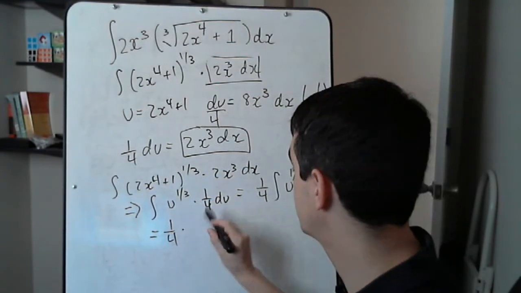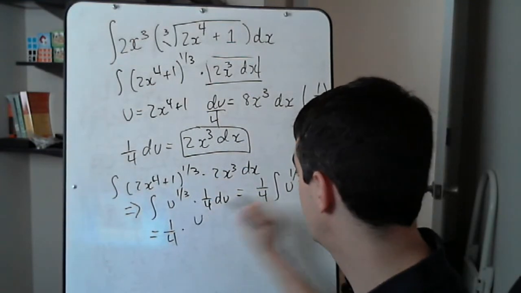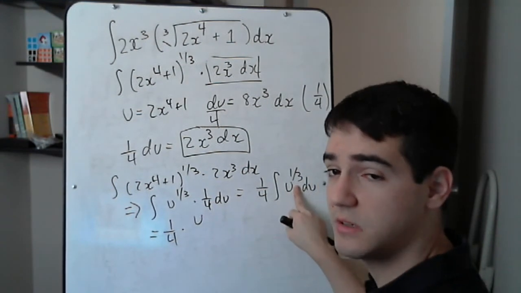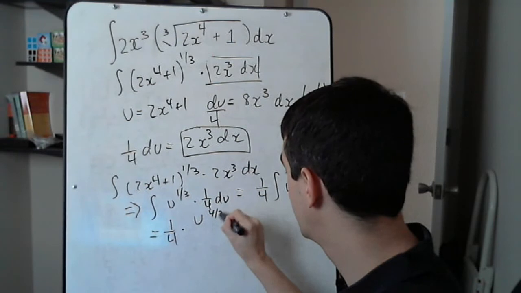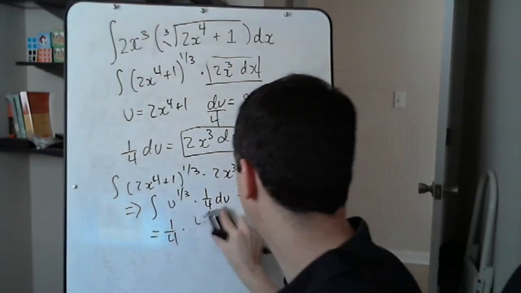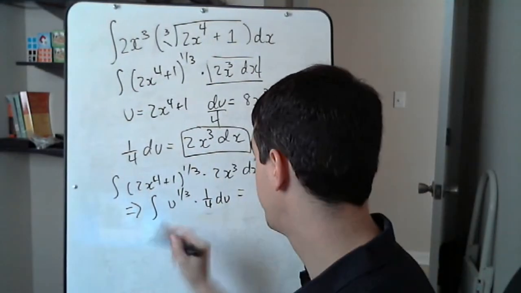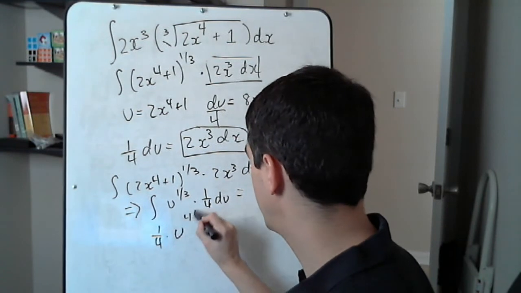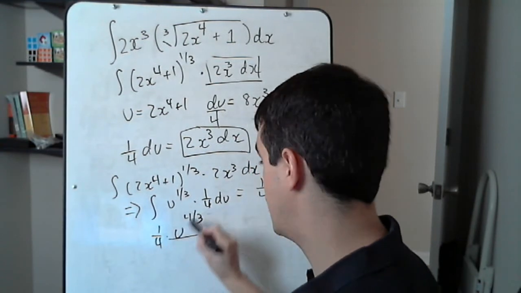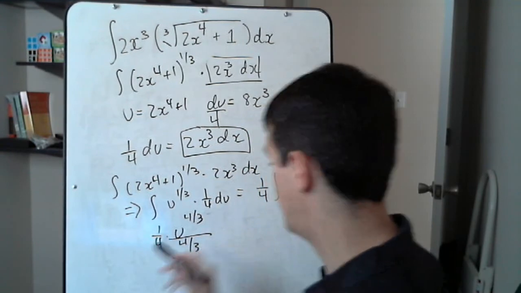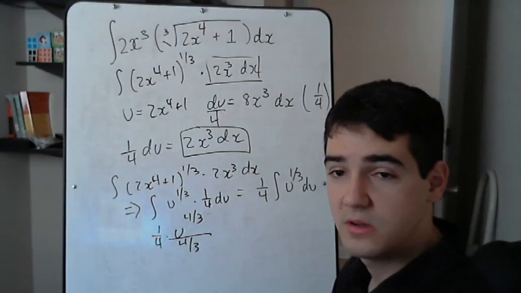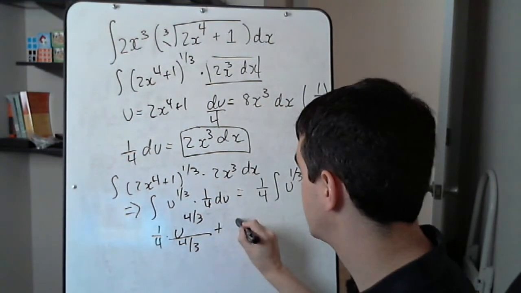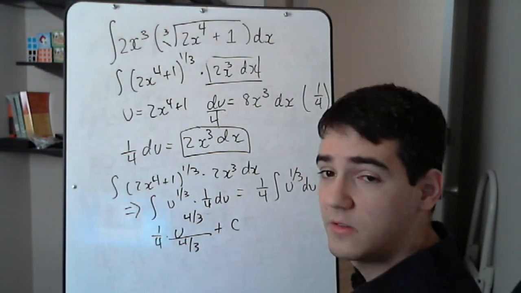So this would be u to the 1/3 plus 1, which is 1/3 plus 3/3, which is 4/3. So 1/4 times u to the 4/3, and divide that by the new exponent, 4/3, plus c.